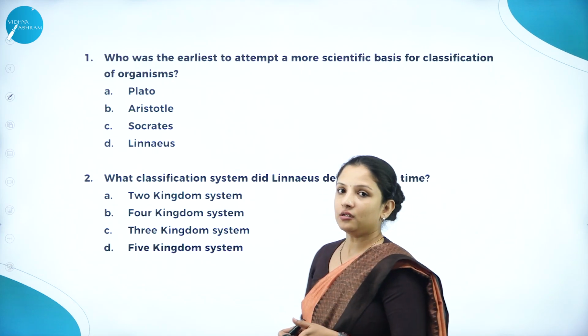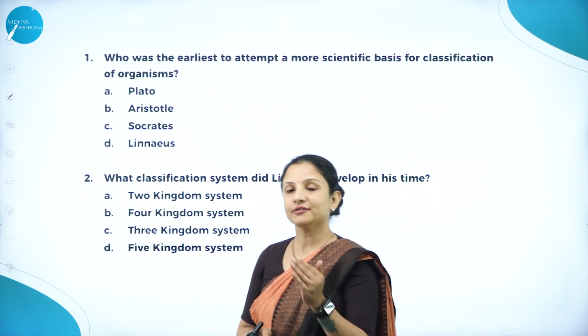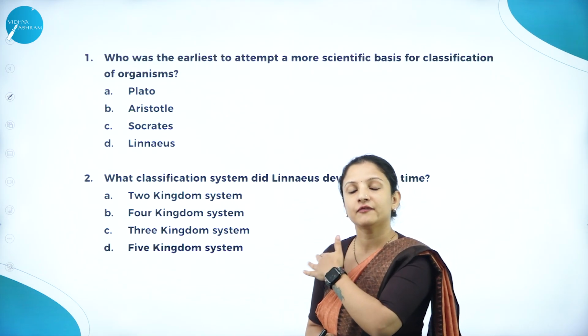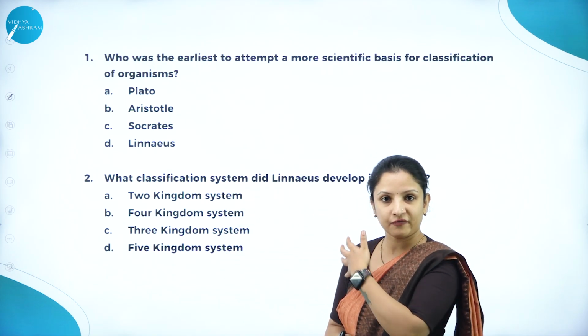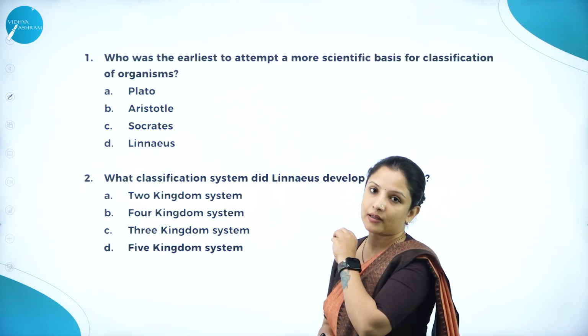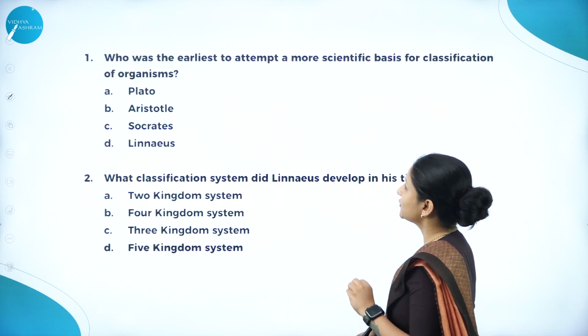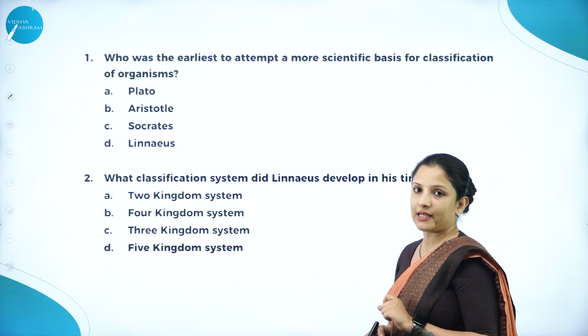Next, moving further, we now know a synopsis of the chapter, some of the examples and all that. Those same things I have not put in the MCQs, because while telling about the synopsis, I have already told what MCQs can be framed from that part. Now we'll see what other MCQs can come up in the exam. Who was the earliest to attempt a more scientific basis for classification of organisms?